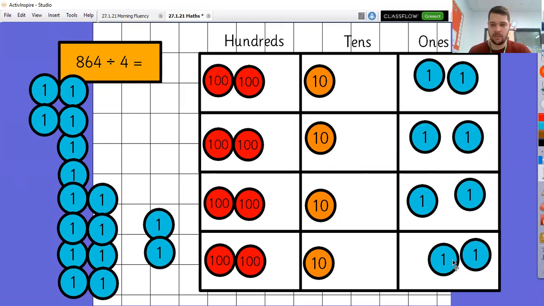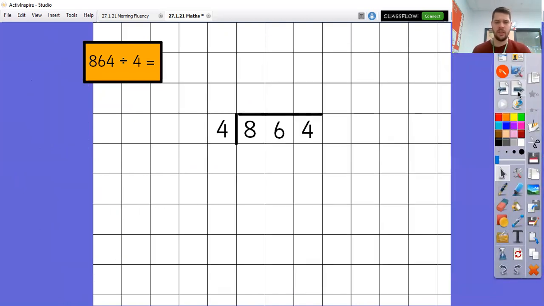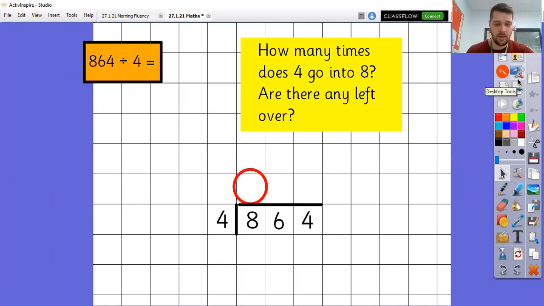What I'm going to do is I'm going to move on to the bus stop method here. So how many 4s go into 8? 4, 8, 2. Are there any left over? No, so I can just put 2, no carrying. How many 4s go into 6? 4, 8 is too many. So 4, are there any left over? Yep, I need to add 2 to get to 6.